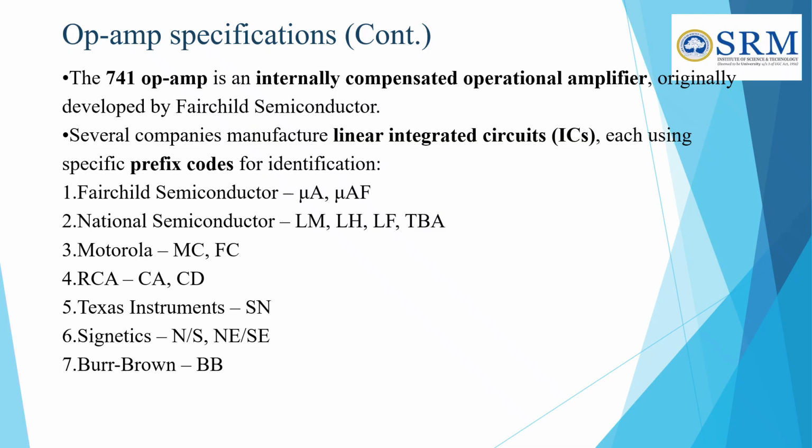For example, LM indicates National Semiconductor, SN refers to Texas Instruments, MC belongs to Motorola. These prefixes help us identify the manufacturer and sometimes the series or type of the IC. Even though the prefix changes, the core functionality of the IC, like the 741 op-amp, usually remains the same across manufacturers.